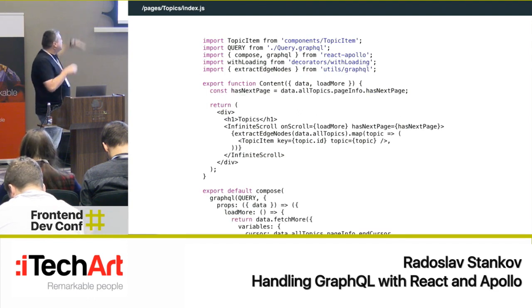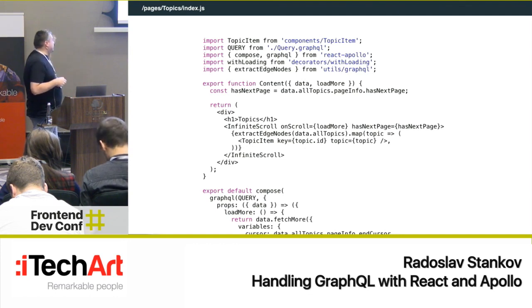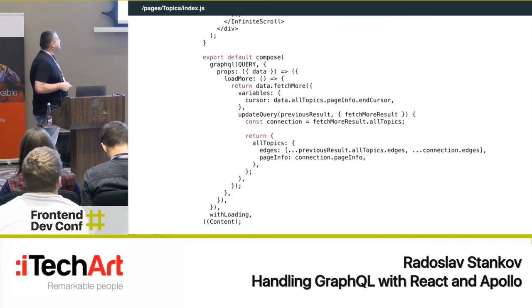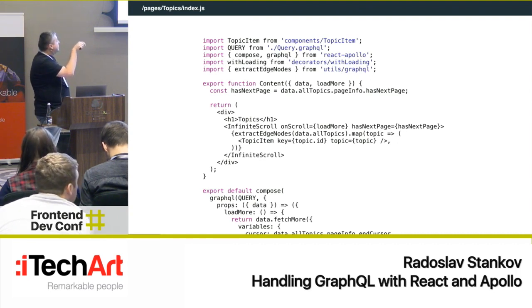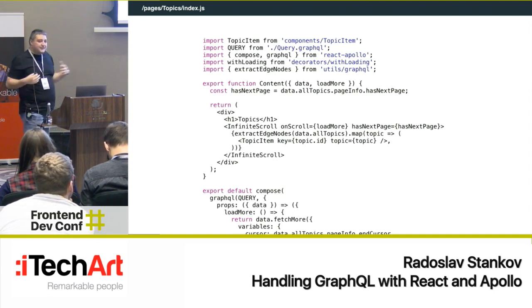So this is how it looks code-wise. It's kind of messy, but let's read through it. You have this has next page check. At the top we have a custom component, infinite scrolling.